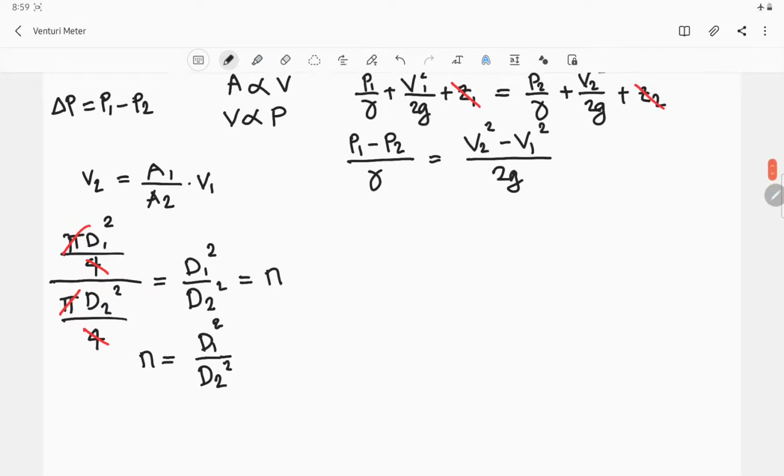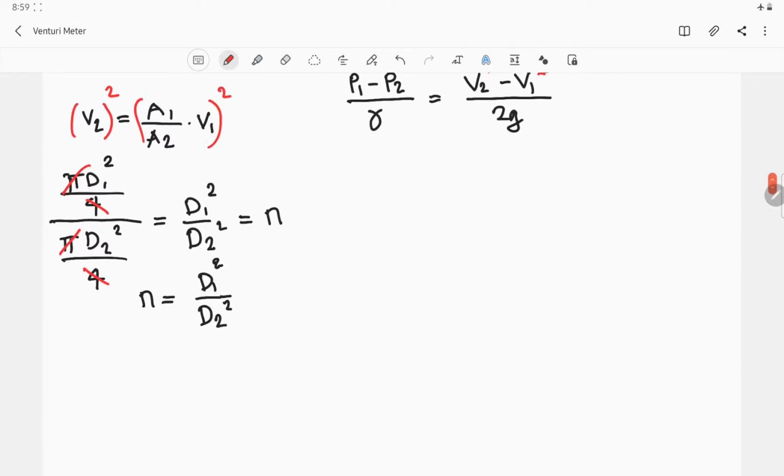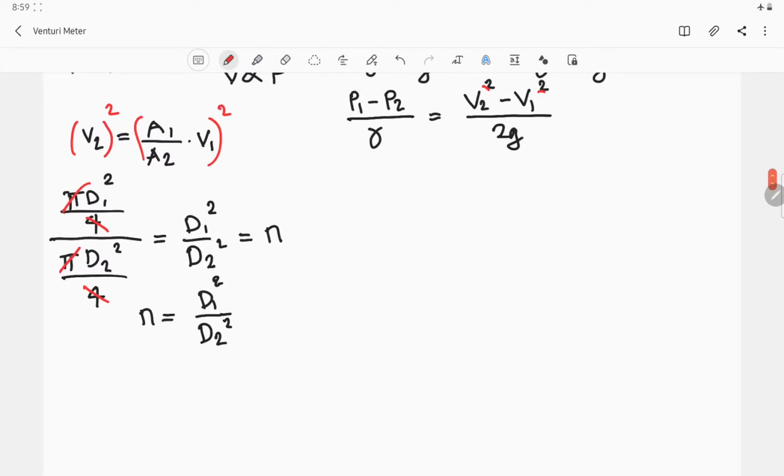Because, since V1 and V2 here are squared, right? So might as well square it. I'll just use the red one to emphasize.